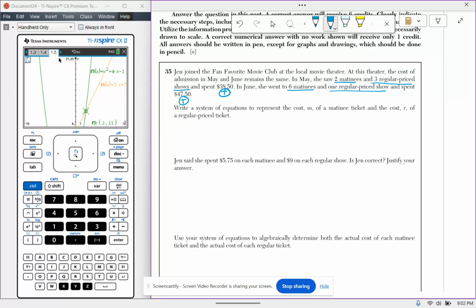Write a system of equations to represent the cost M of a matinee ticket and the cost R of a regular price ticket. System of equations means I'm writing 2 equations, and I'm going to let M equal cost of matinee ticket, and I'm going to let R equal cost of regular ticket.